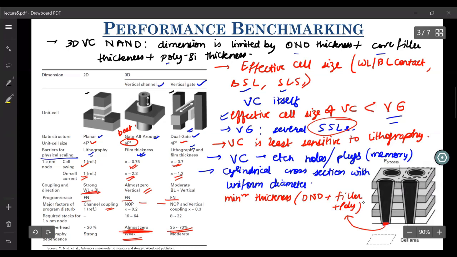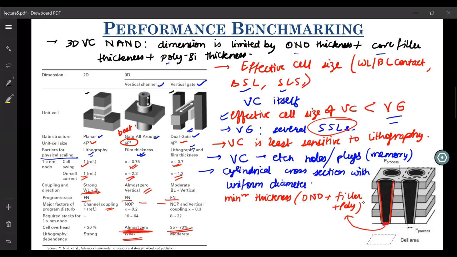This is the minimum size, the process dimension of ONO plus filler plus poly. But since using any process you cannot etch perfectly cylindrical holes, you end up having a tapered etching profile. It forms like a cone, and the diameter progressively increases as you go towards the top stacks.